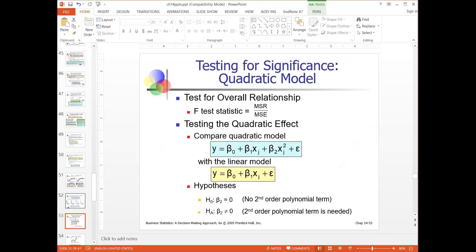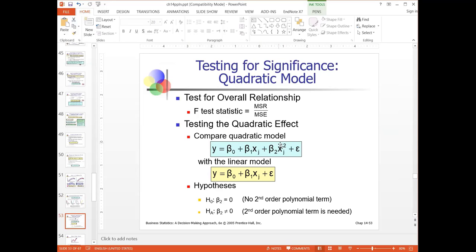Next, we talk about the F test. How do we check if it's a non-linear model? First of all, we estimate the quadratic model and then the linear model. First, we have to check if the overall model is fit.